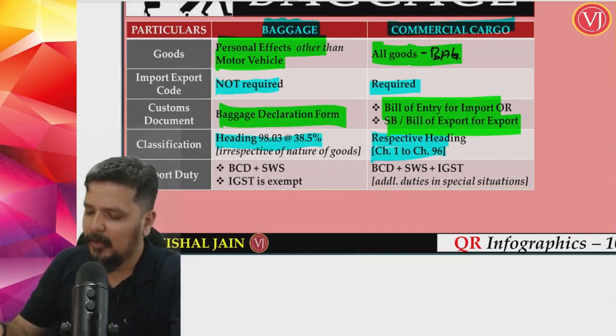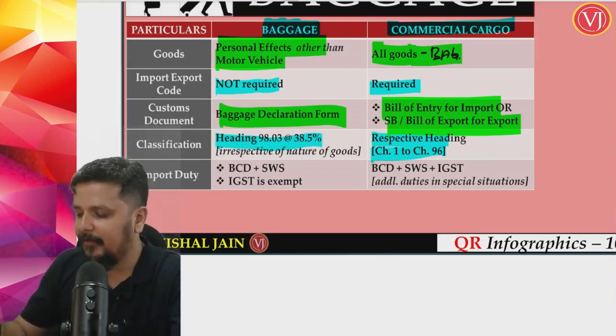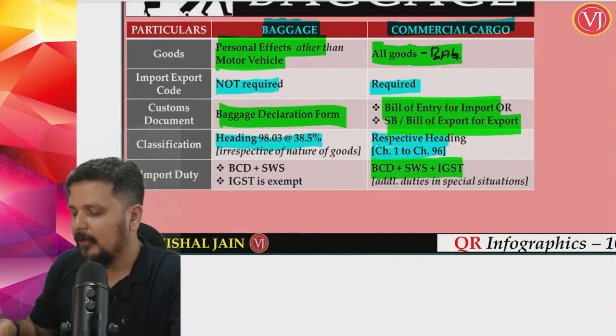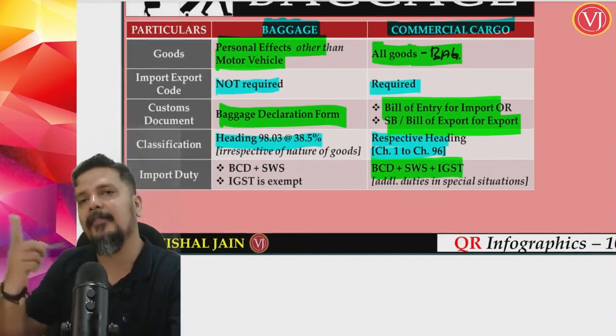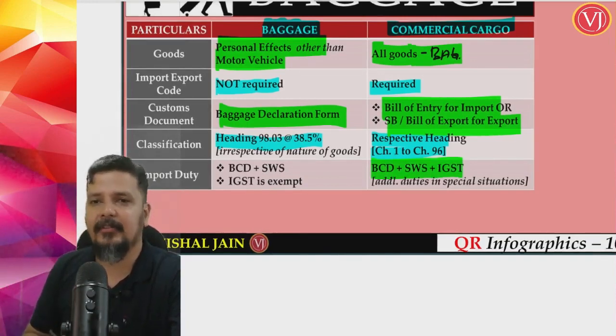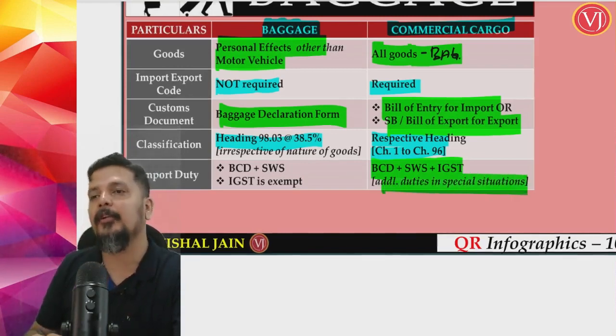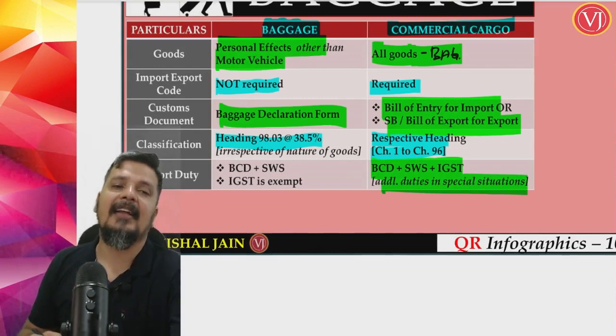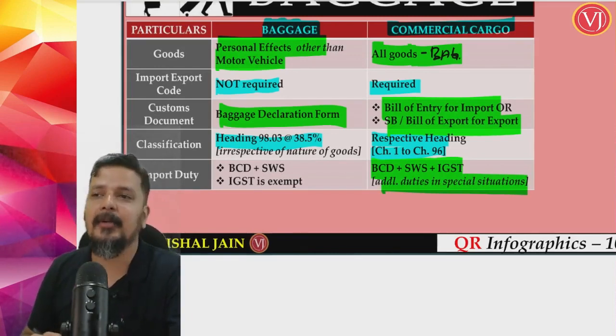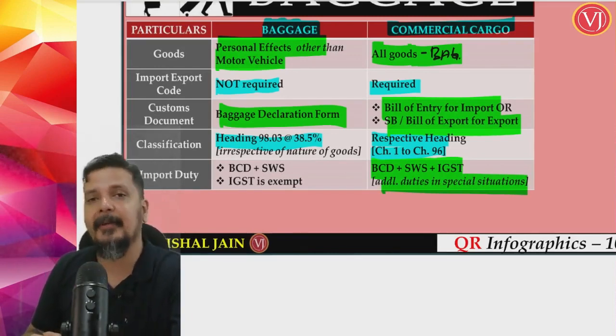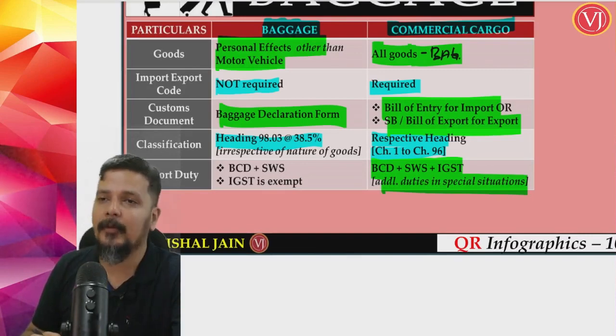9803. Now, when you have commercial cargo, you are going to pay the respective import duty, BCD, SWS, IGST, based on the classification. There's no exemption. At times you are required to pay additional import duties, special import duties: anti-subsidizing duty, anti-dumping duty, safeguard measure. These are three special import duties you are at times required to pay.